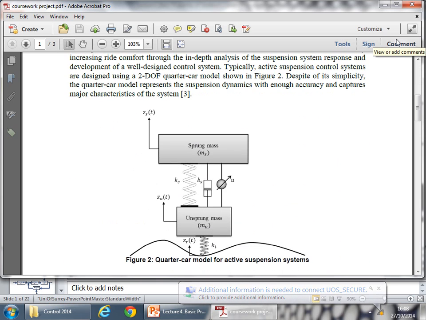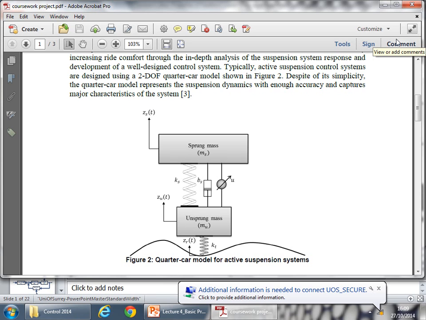you need to design the suspension system control based on this 2 degree of freedom spring mass damper system. As you see, we can model the suspension system, doesn't matter if it's the airplane suspension system, the automotive suspension system, or the robot suspension system. We usually model the body of the chassis as a sprung mass, or we consider a quarter of the vehicle in order to design an active suspension system.